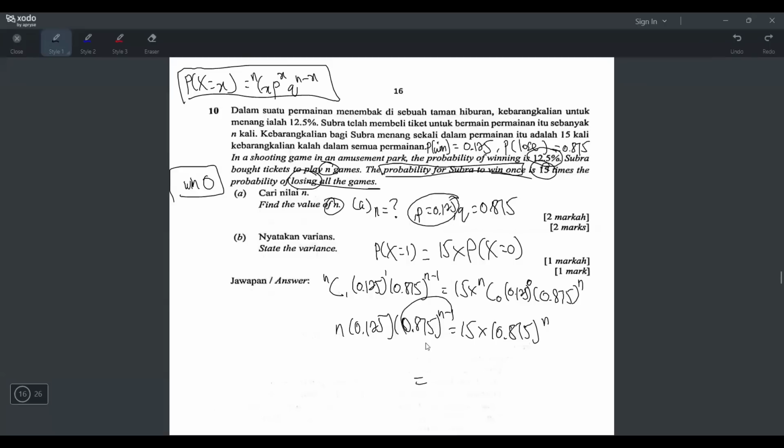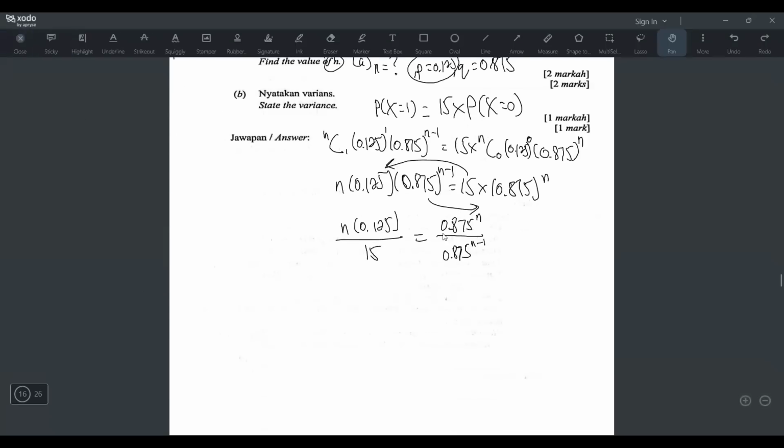I can see that this and this, they have the same base. So maybe let's try to put them on the same side and combine them into one single base. So let's move this one over there lah. So 0.875 power n divide 0.875 power n minus 1, right? And then on the other side, it will be n times 0.125, divide 15. The 15 goes there, but when the 15 goes there, it becomes divide like this, right? Now let's solve this side.